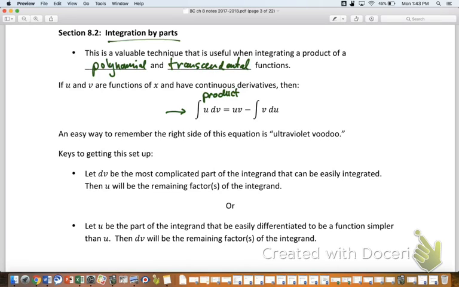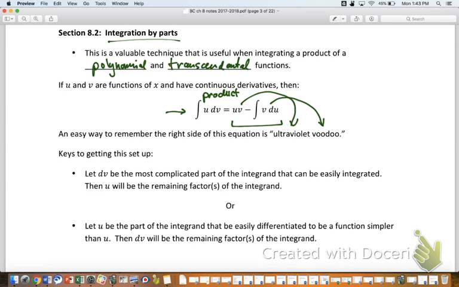I honestly still remember this today: the right side is ultraviolet, like UV, right? Ultraviolet voodoo. I remember that it's minus because voodoo is bad, right? Minus, negative. Ultraviolet voodoo.